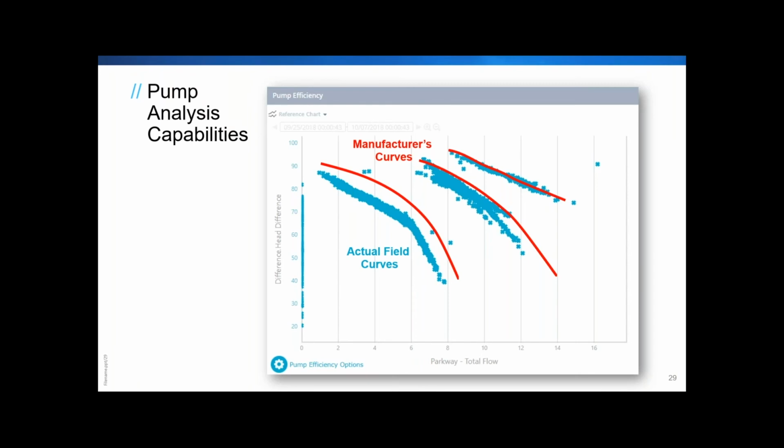Have your impellers been really chewed up by sand or other things, and they're not even nearly where they should be from the manufacturer's curve? Then you can model it too and put modeling data into this and see where you're really working off your curve at different times for different flows, to start looking at efficiencies and what could be done to make the system run better.